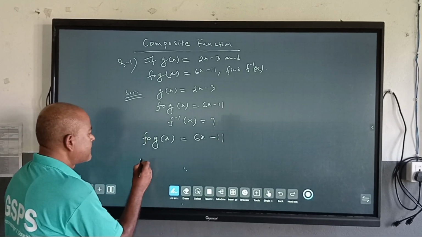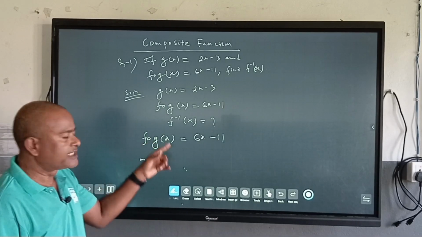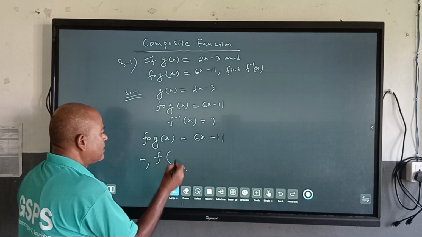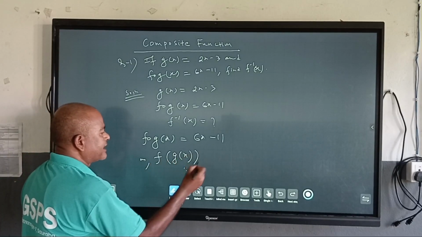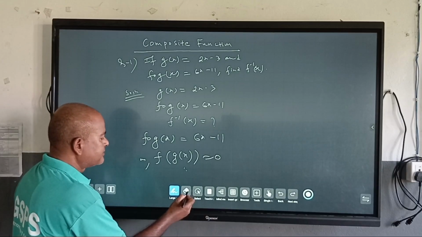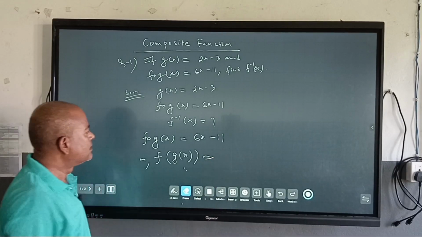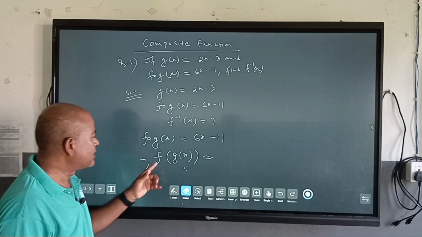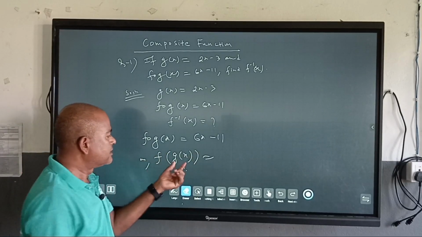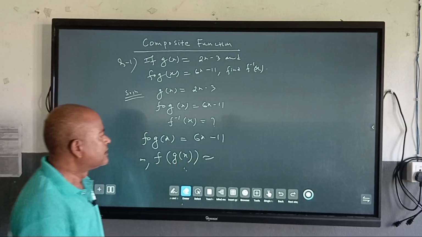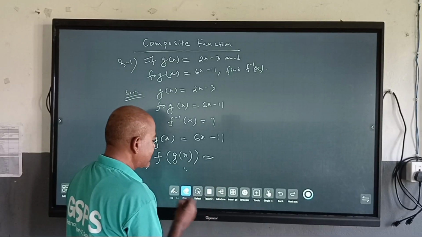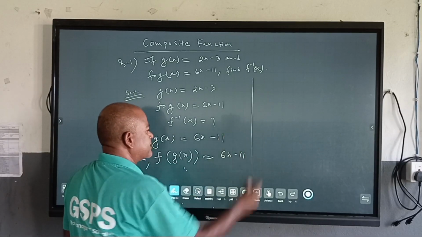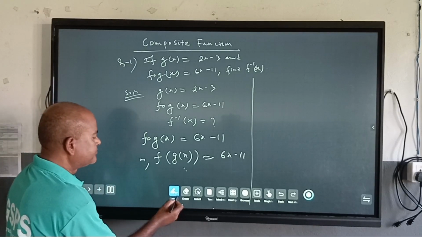Dear students, f of gx, let's break down: f of g of x. The composite function f of gx we can write as f of gx equals 6x minus 11.